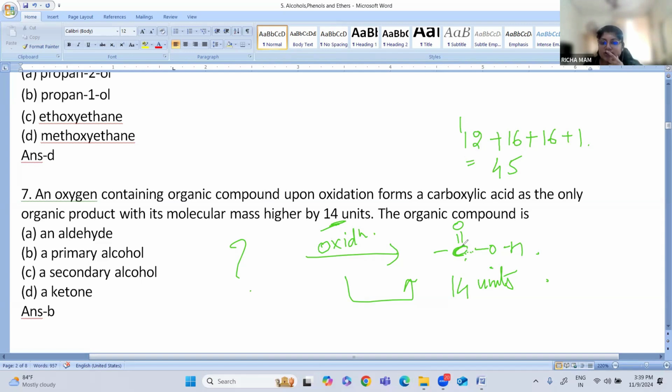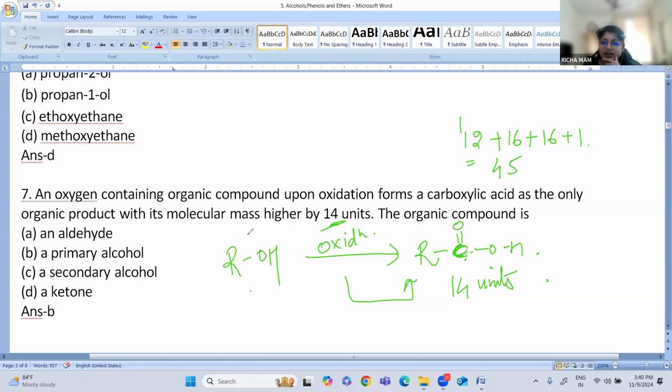If I do oxidation on primary alcohols, I am going to add oxygen.